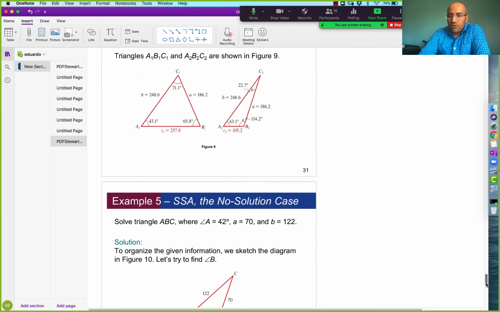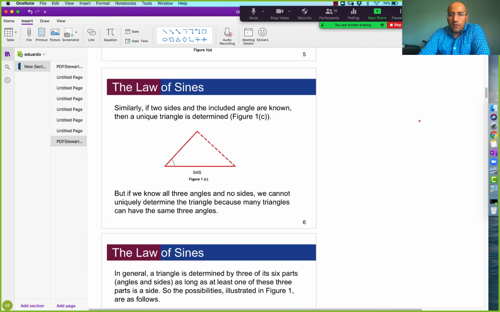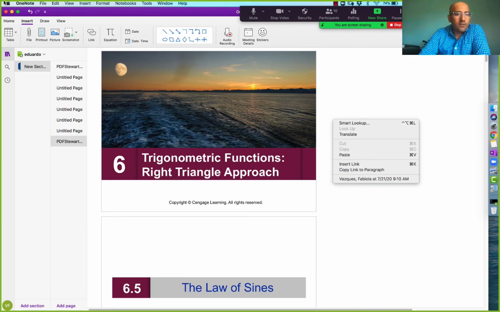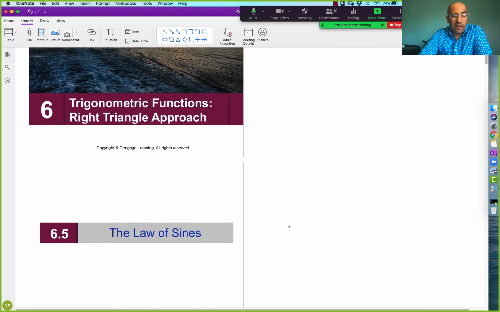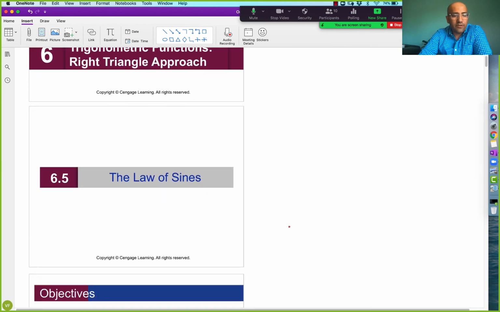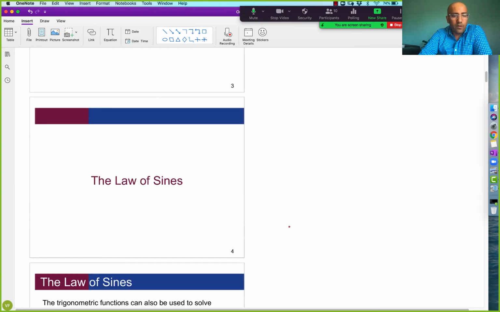The last section includes the law of sines. Should be a nice, easy section since we're just using the application of the law of sines. We're not really going to derive it, not responsible for its derivation. We just got to use it, apply it, and move on with our lives.